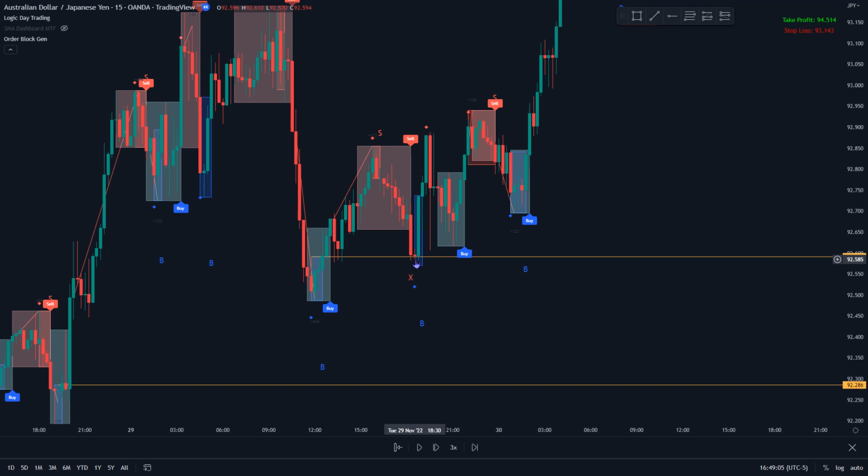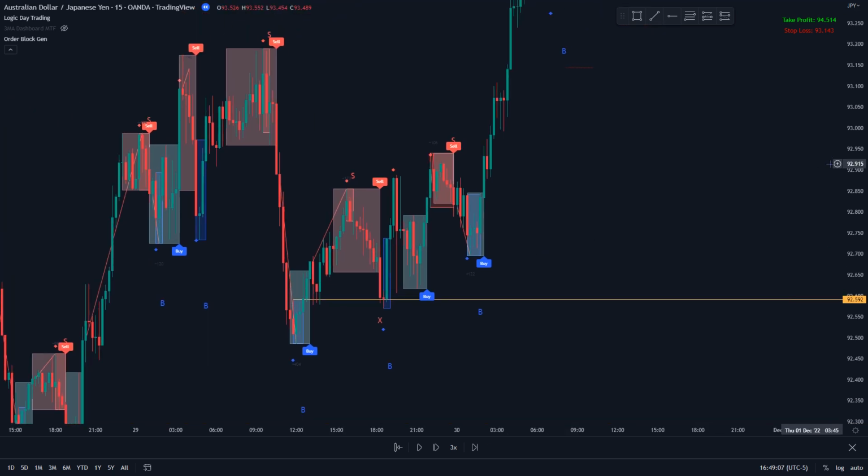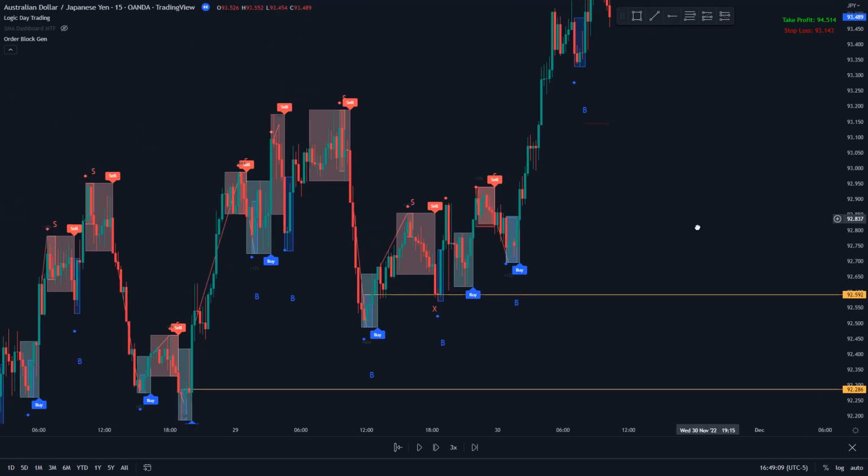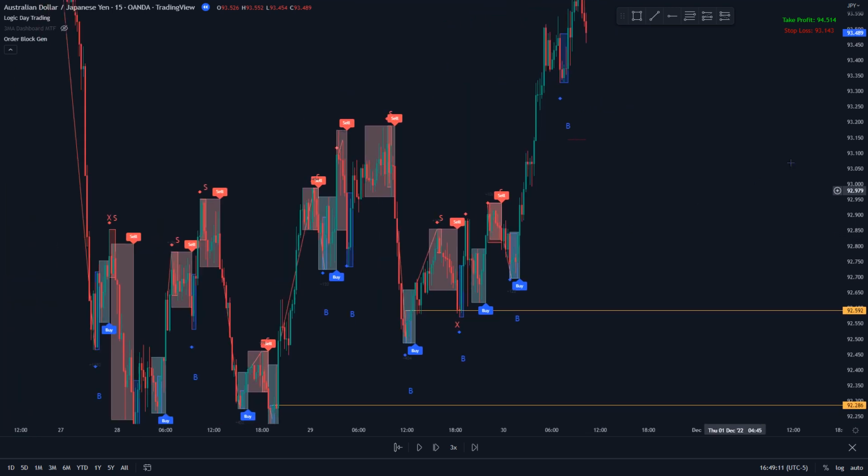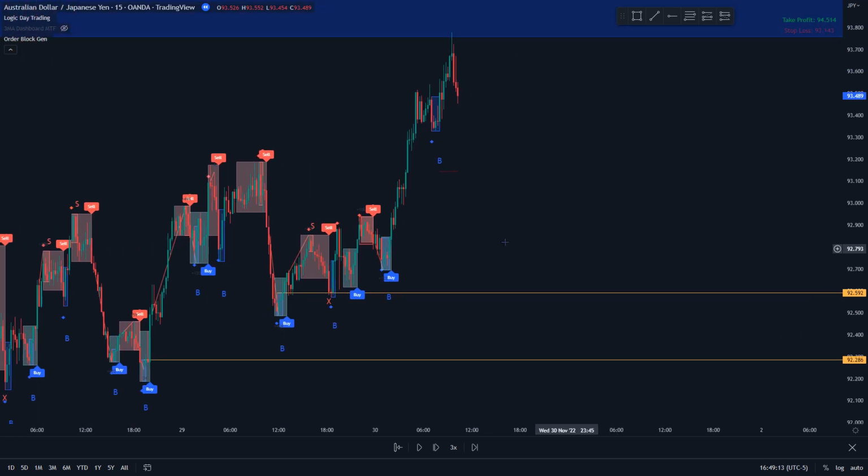Wicks into it, never even closes below it, and continues up. And so when you're factoring risk management, let's take this into account as, again, our bias is we're expecting price to come up here into the higher time frame supply zone. We're expecting a retracement, so we're trying to catch it.